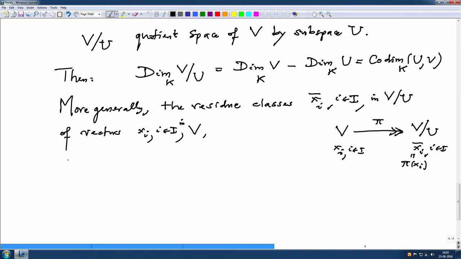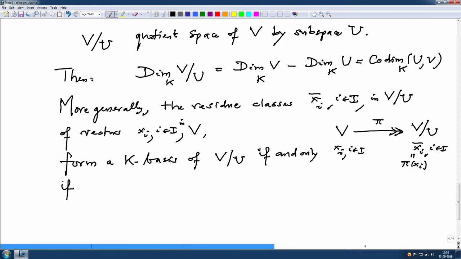These residue classes form a K-basis of V by U if and only if the xi, i in I, form a basis of a complement of U.